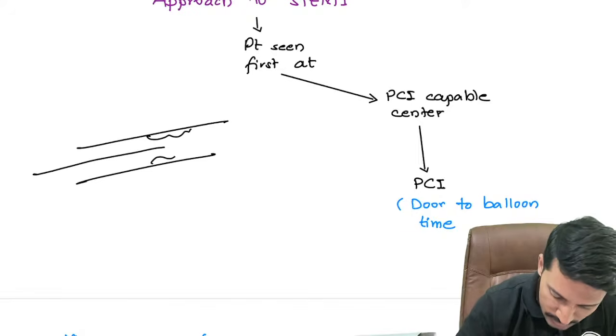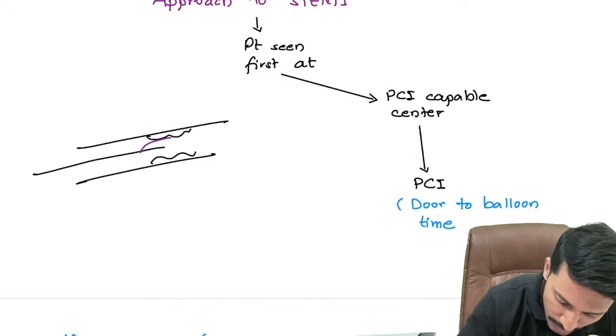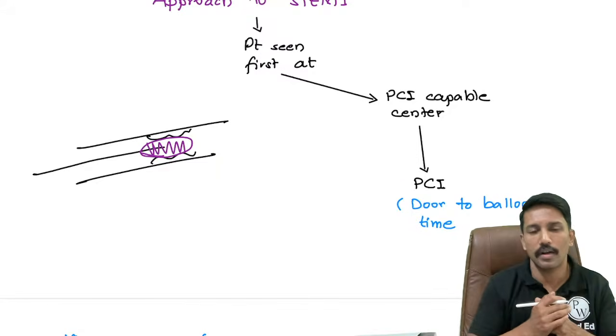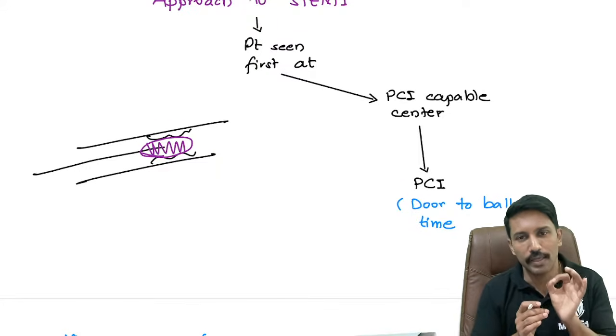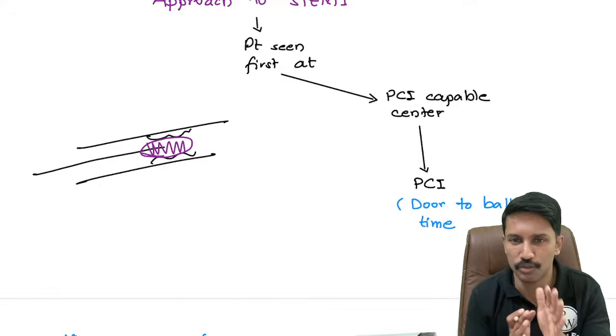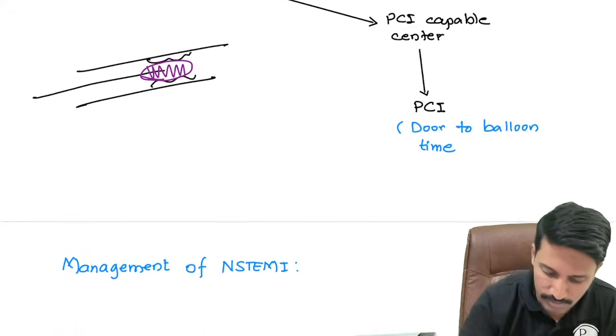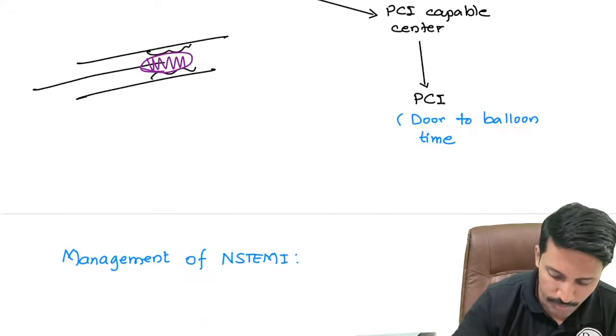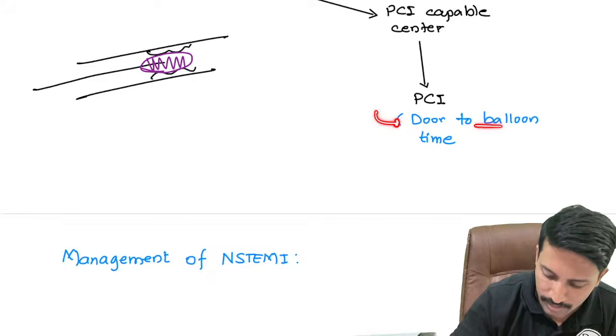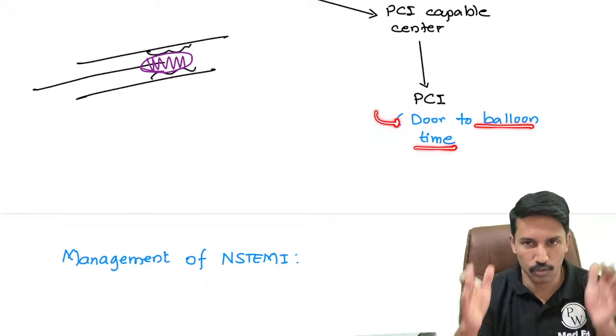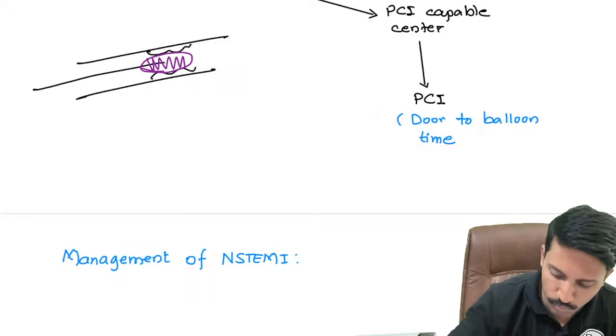There is a block here, let us say, and this wire will have a balloon at the end of it, which I will inflate to dilate the coronary artery. The time from the patient coming to your emergency room door to the angioplasty balloon entering his coronary artery is called door to balloon time.